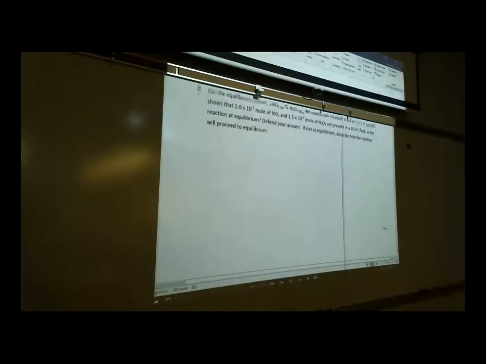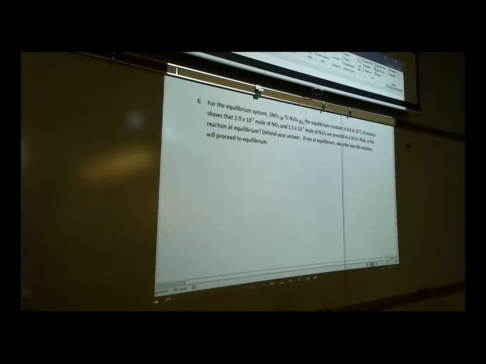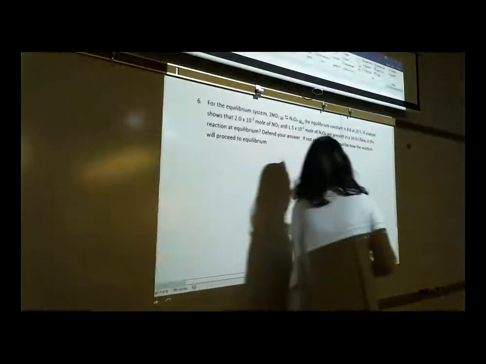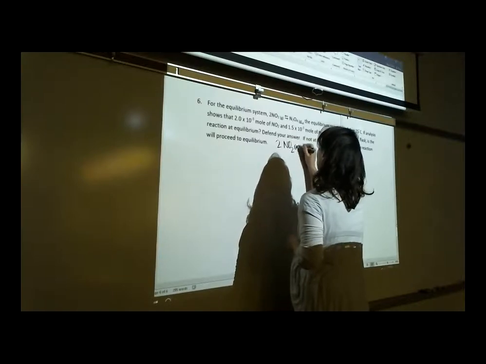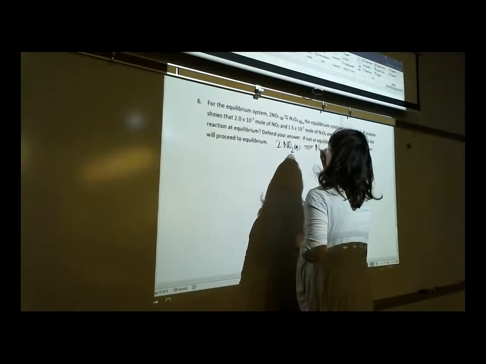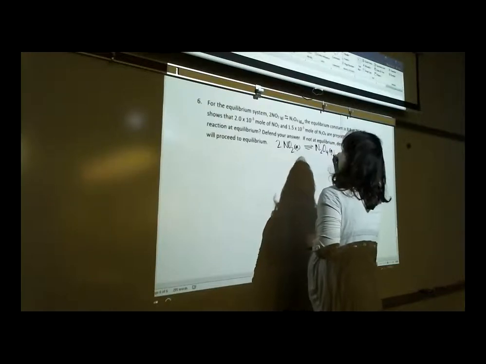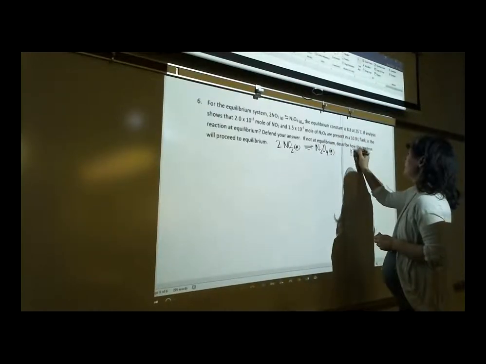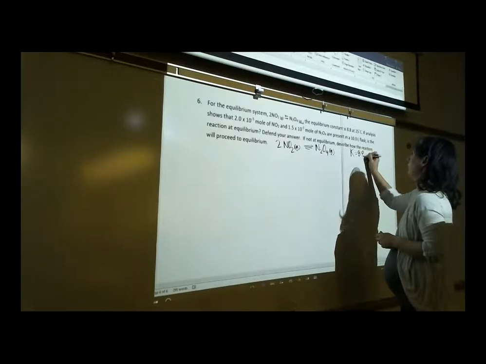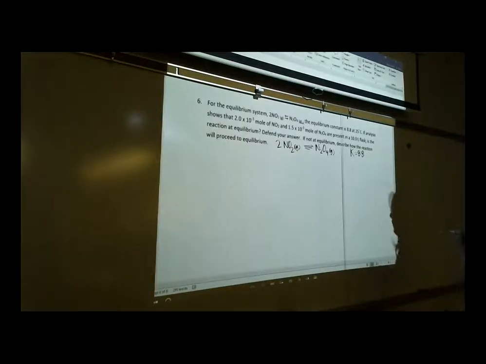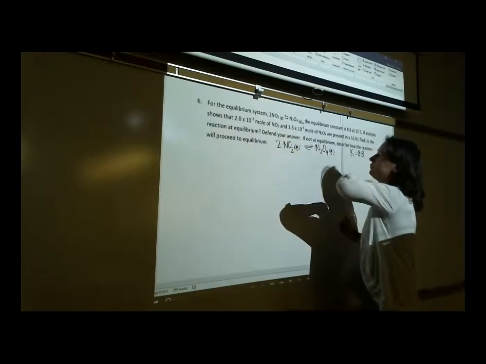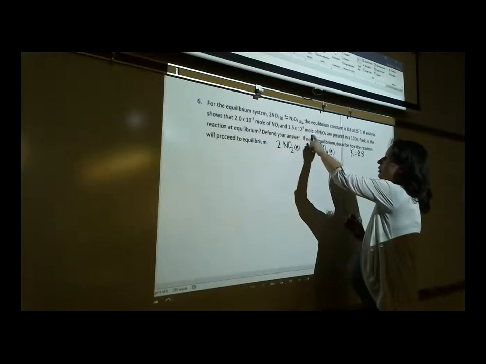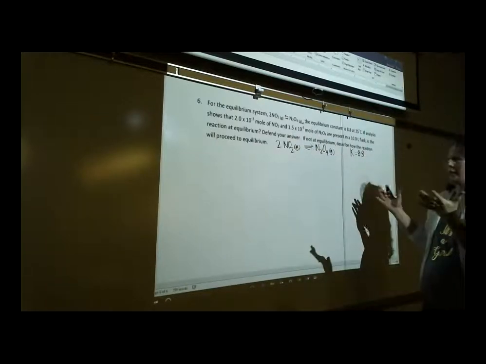Okay, for the reaction, 2NO2 is in equilibrium with N2O4. The equilibrium constant is 8.8. Analysis shows that you've got 2 times 10 to the negative third moles of NO2 and 1.5 times 10 to the negative third moles of N2O4 in a 10-liter flask.